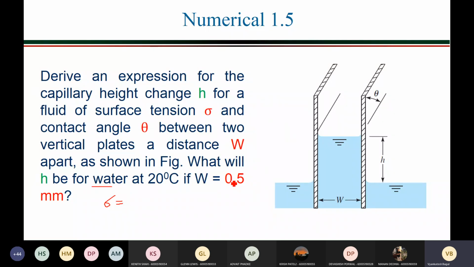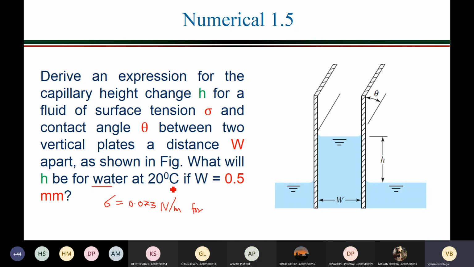That value I will write on the screen, and then you can take it for calculation purposes. So note down sigma should be 0.073 Newton per meter for air water interface.